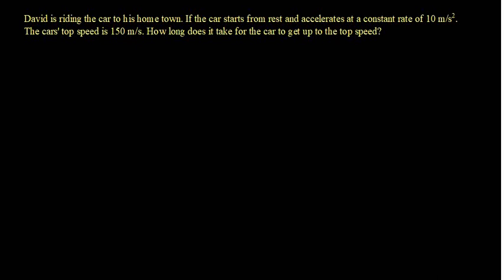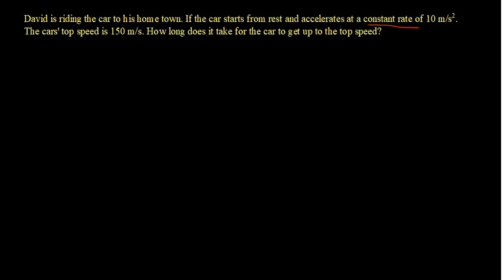So that's the constant rate, and the unit for the acceleration is meters per second squared. So that's perfect. It is a constant acceleration. The car's top speed is 150 meters per second, and the question is, how long does it take for the car to get up to the top speed?